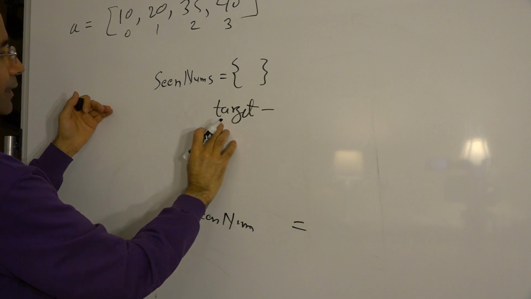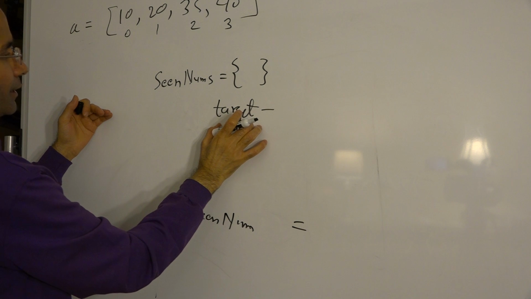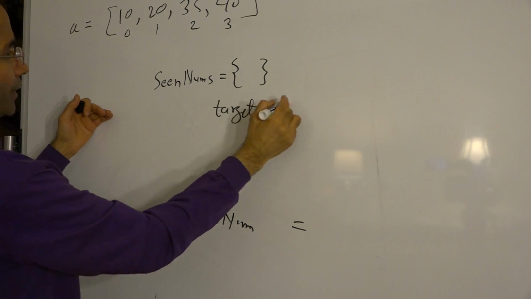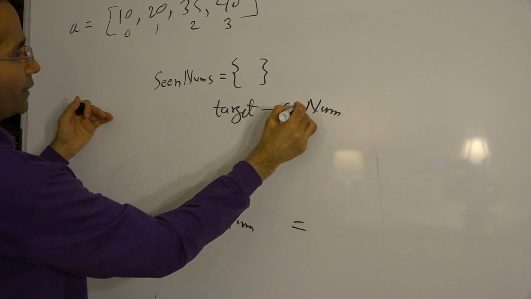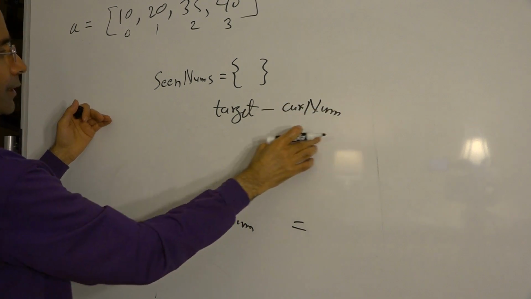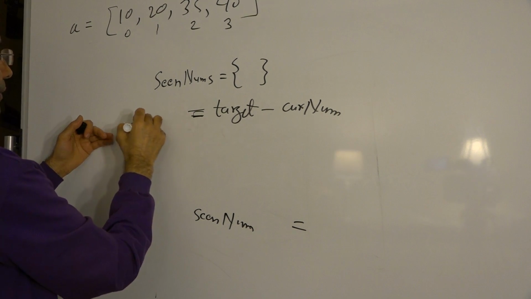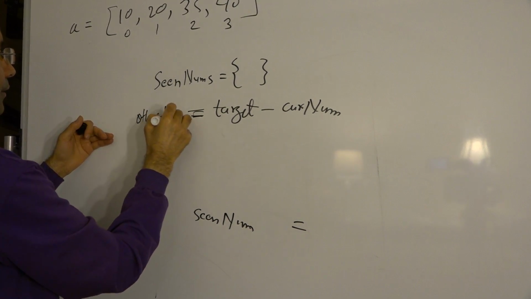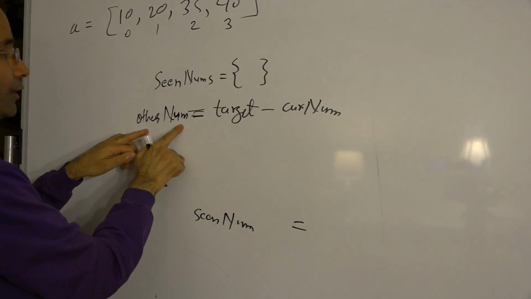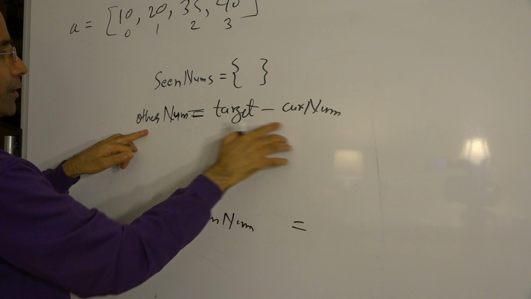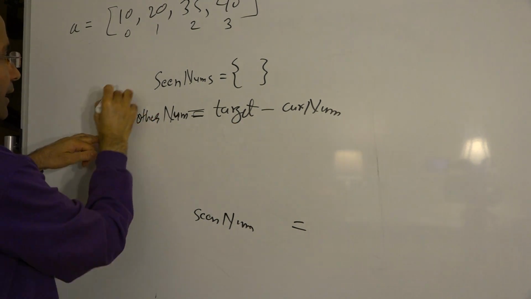If I subtract my current number from the target, I get the other number, right? Then I can see whether this other number is actually here or not.